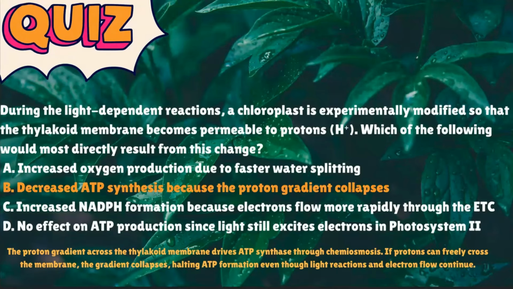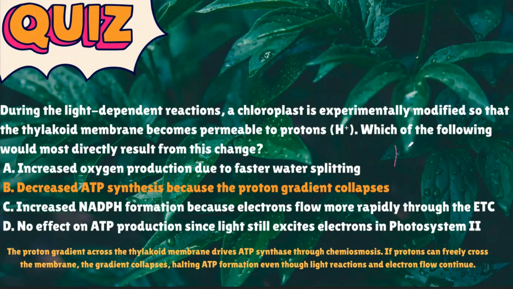So remember, we have oxygen that is considered a byproduct of the light-dependent reactions in a normal condition. But because of this experiment, the membrane becomes more permeable to protons. Remember, during the light-dependent reactions, we have the ATP synthase.